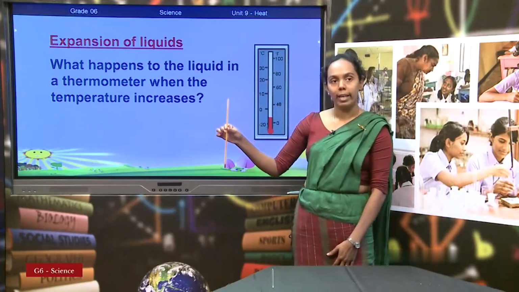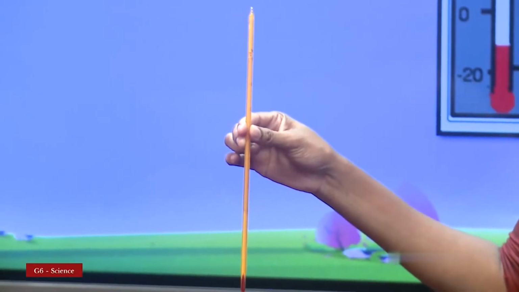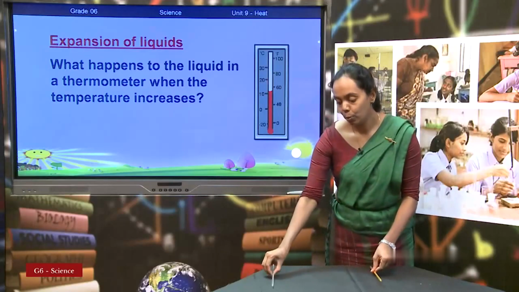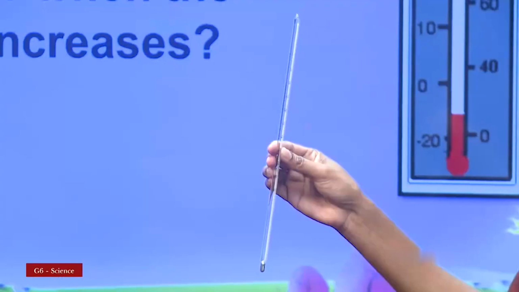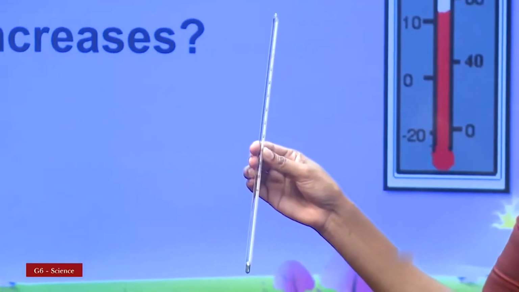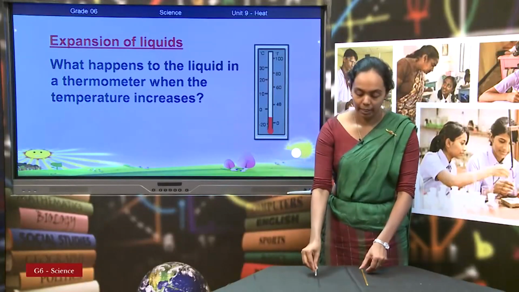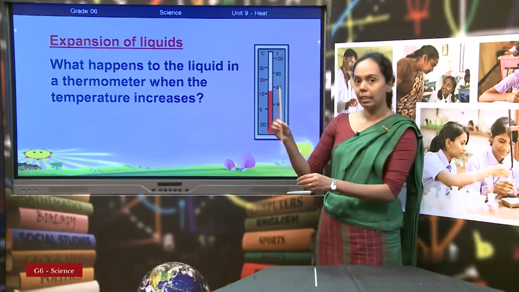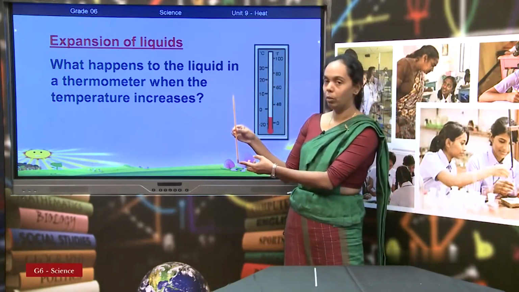This one we call an alcohol thermometer. And this one we call a mercury thermometer. In an alcohol thermometer, the bulb of the thermometer is filled with alcohol.